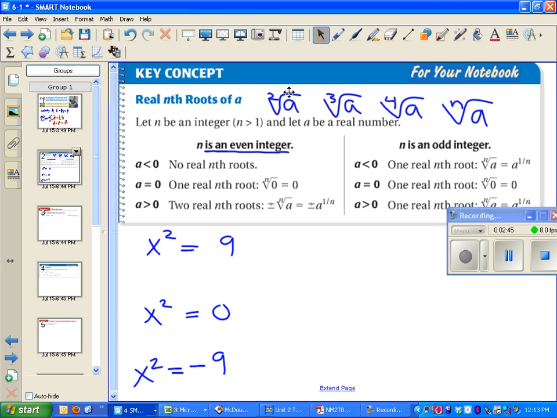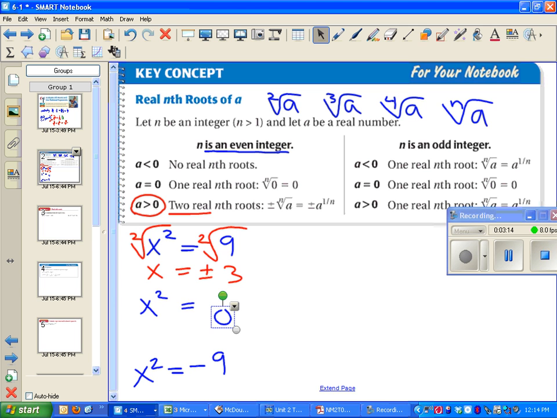Well, when I take a square root, that is an nth root, and n is even because it's 2. So this turns into plus or minus 3, right? So when a is greater than 0, so in this case a was 9, we get 2 real roots, and you already kind of know how to do that with Algebra 1.